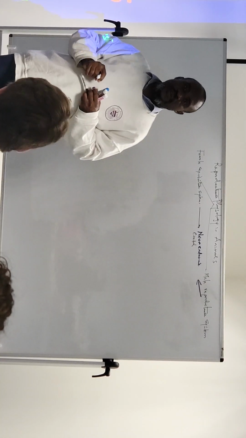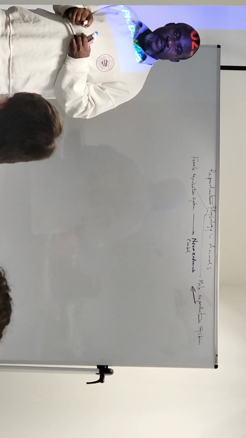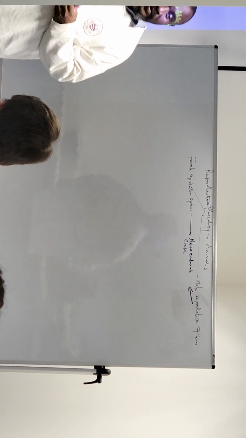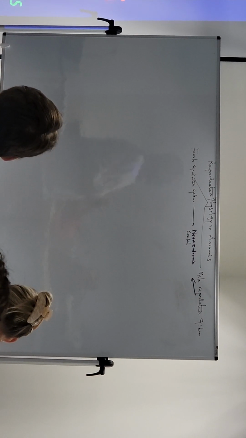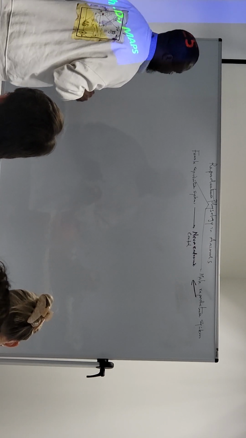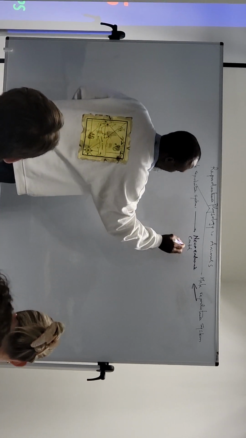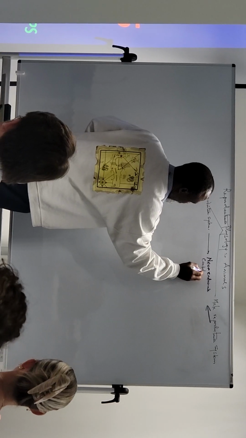So the physiology of the reproductive system is predominantly under the control of the nervous system and the endocrine system.